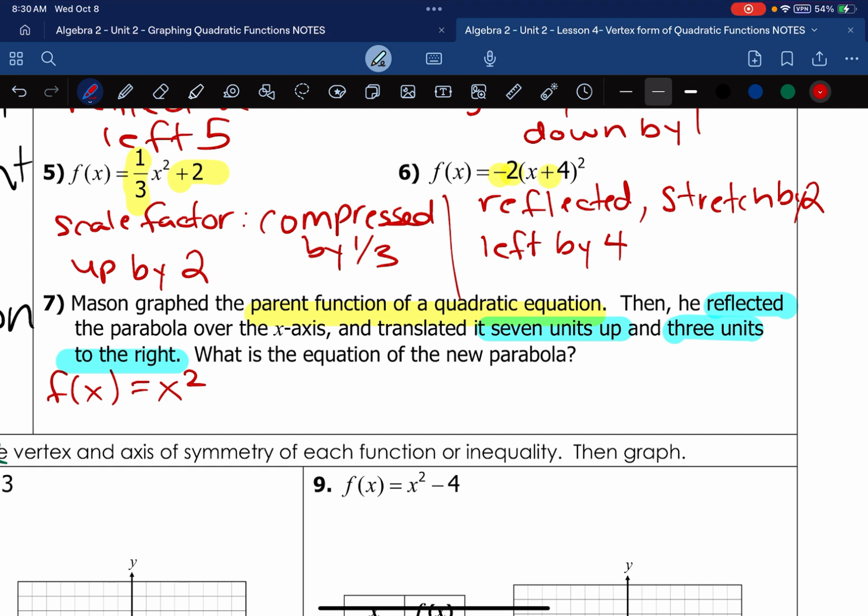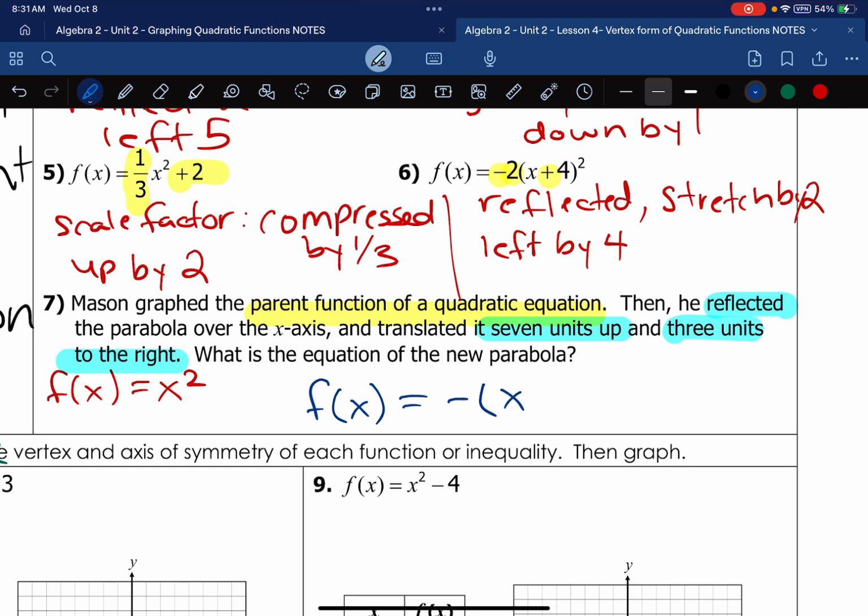A reflection means that A is negative. So my new equation is going to be f of x, my new function. I'm going to have a negative out front. It doesn't say there's a scale factor, a stretch, or a compression. So there is no number in front of x squared. But it does say we go to the right or left. So I need to open a parentheses because that means inside the parentheses, I'm adding or subtracting to x.